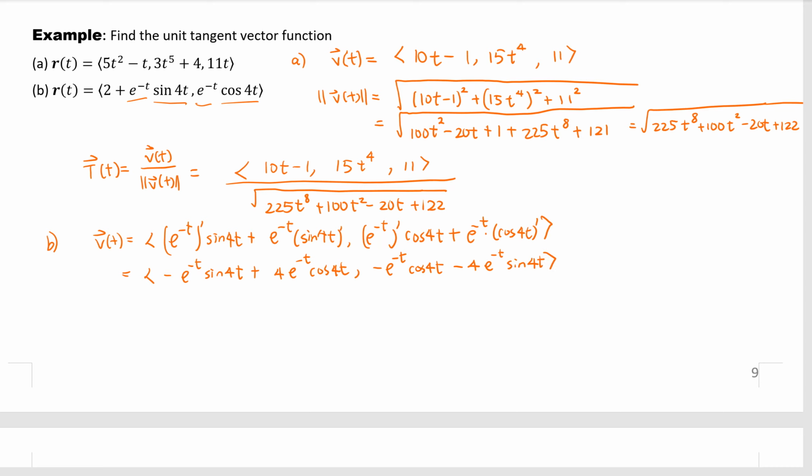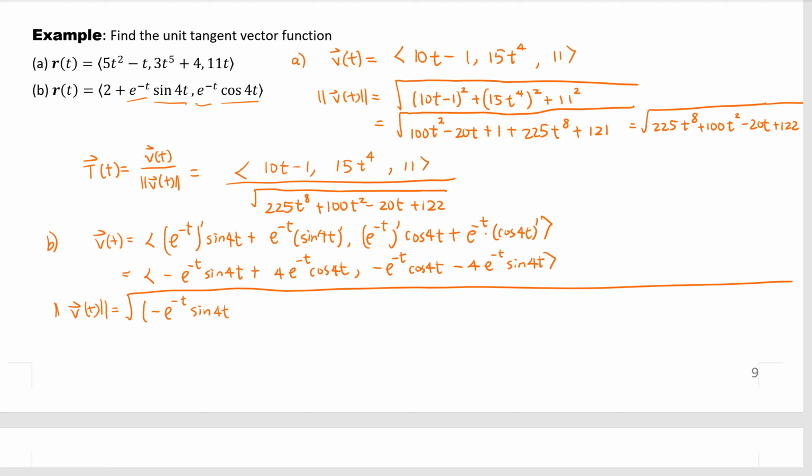So far so good. Okay, how about the length of that? Ooh, it's going to be a long line. It is the first coordinate squared plus the second coordinate squared.